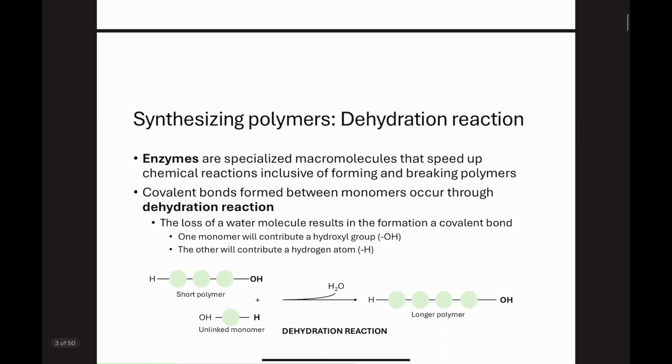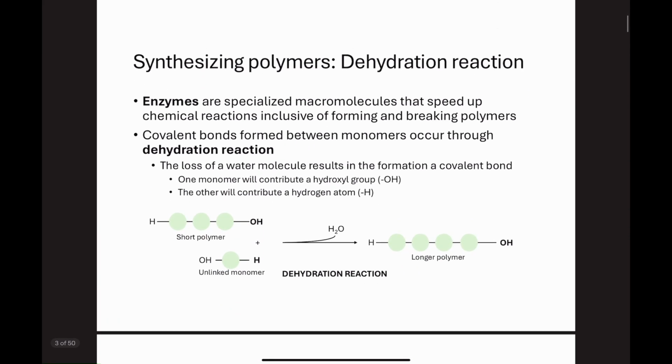So, how are polymers synthesized and how are they broken down? Well, the chemical processes that our cells are going to use to make and break polymers are the same in all types of macromolecules. And these processes occur through the action of enzymes, which we know are proteins, and proteins are macromolecules.